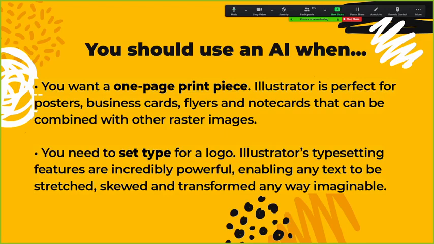Pwede siyang i-edit dito sa AI. So, kung ano man yung gusto mo maging labas ng logo mo na text type lang, pwede mo siya i-modify sa Illustrator easily. So, yun, use ng AI.